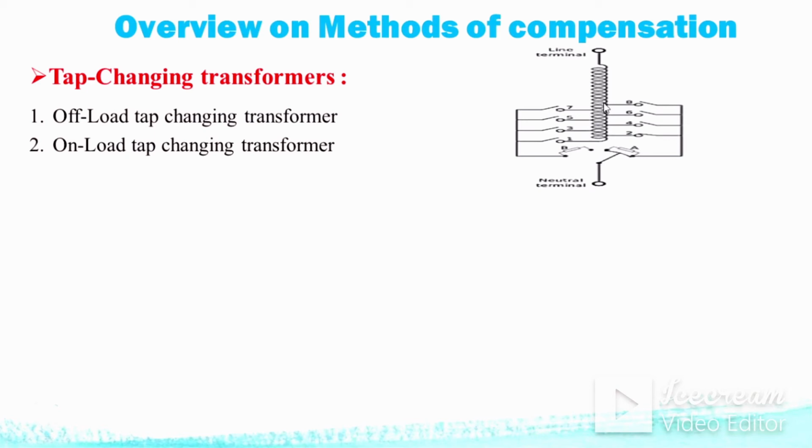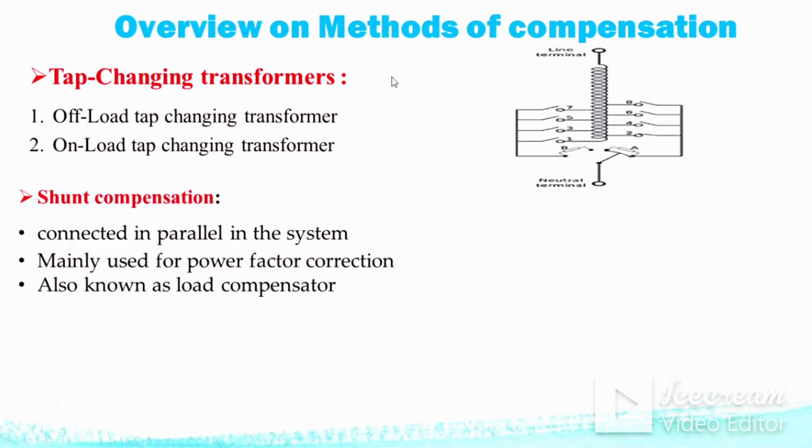If the voltage magnitude has to be stepped down, then we have to choose a smaller number of turns. Thus we can change the voltage profile at the terminal, and once the voltage profile is varied, you can easily vary the reactive power demand. This is basically the principle of compensation using the tap changing transformer.